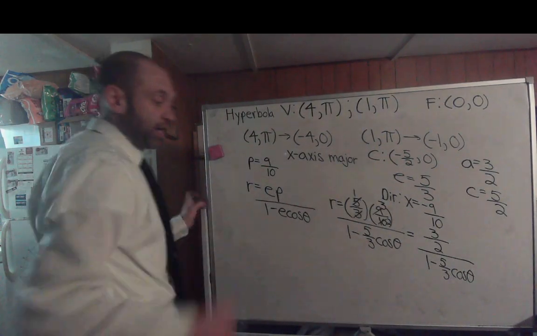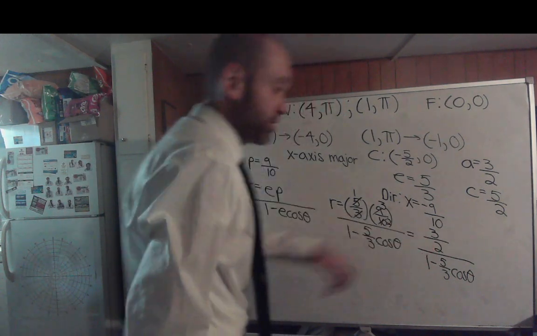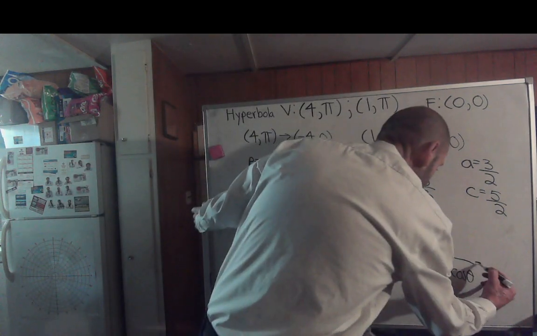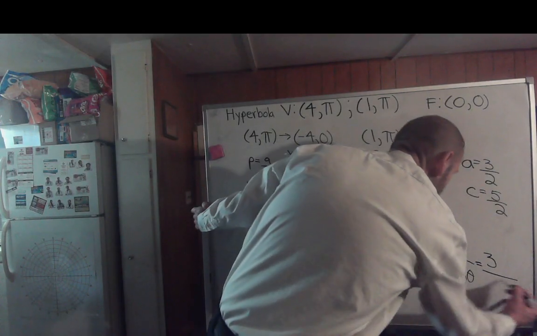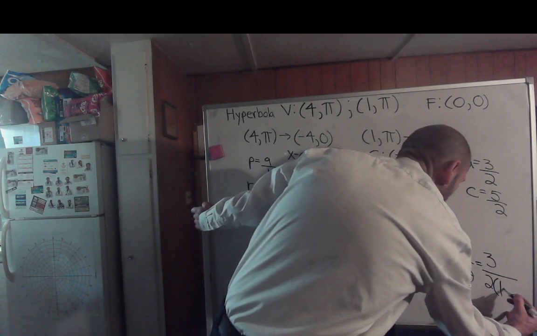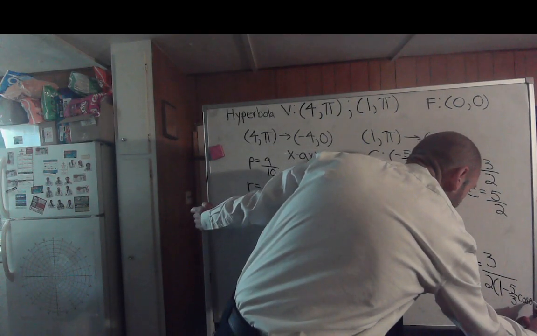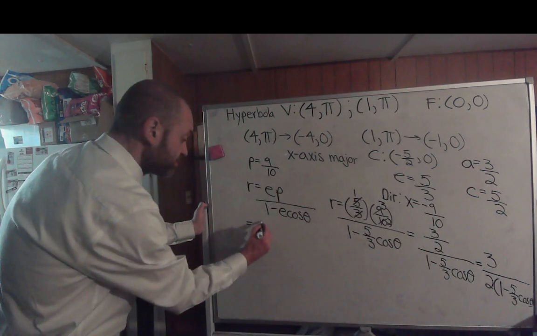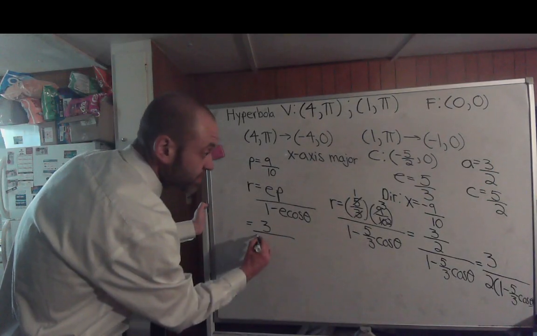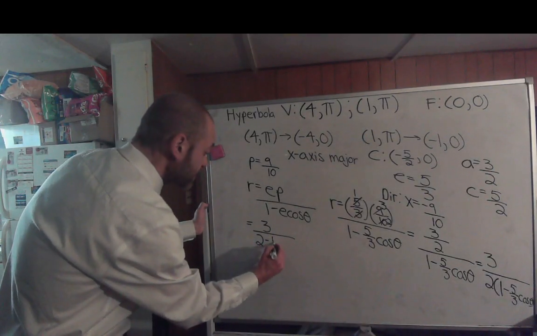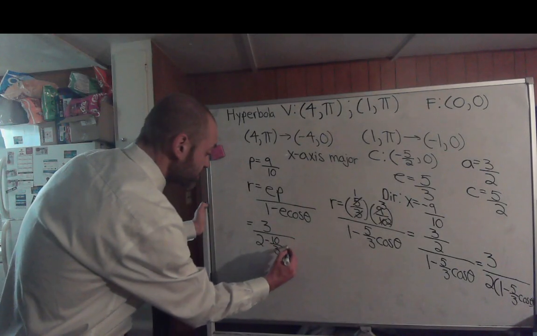Well, let's start by getting that 2 out of the numerator. That's going to be the same as 3 over 2 times 1 minus 5/3 cosine of theta. Yes, we have a bit of a mess. This is going to simplify into 3 all over 2 minus 10/3 cosine of theta.